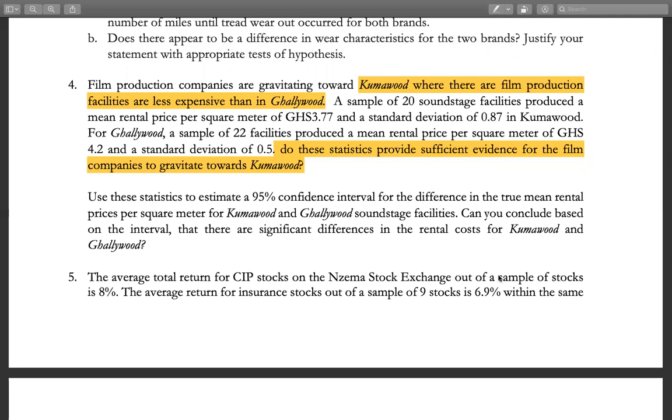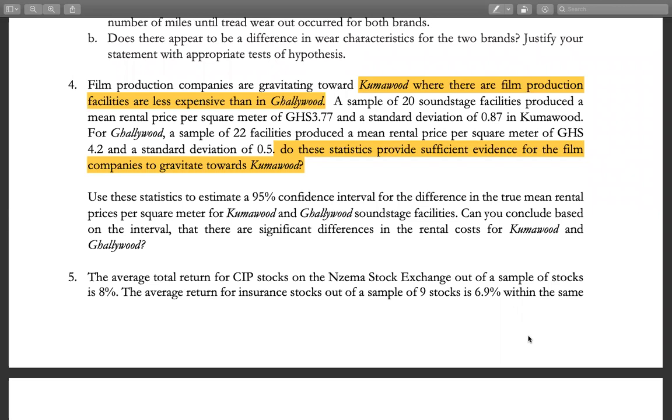I think we need more explanation. Okay, last one, please. Yes, Eunice. Certainly, it shows that people are moving to Kumawood because the film production facilities are less expensive.